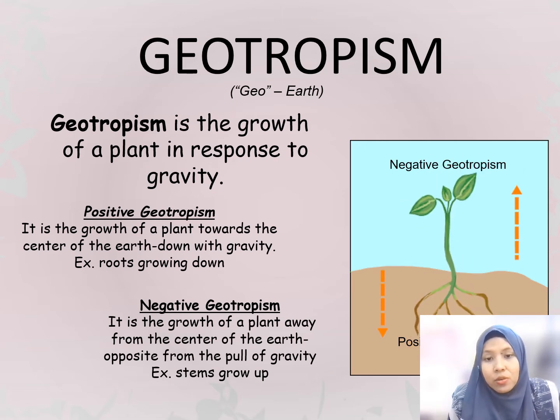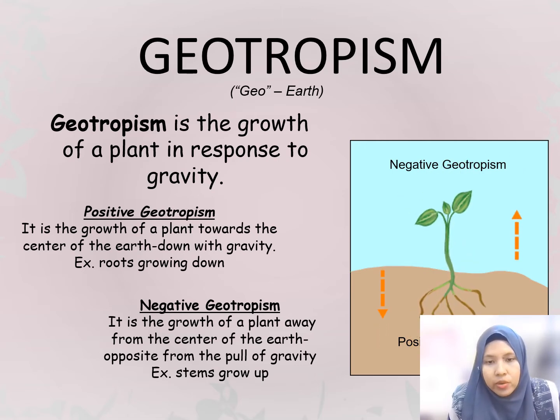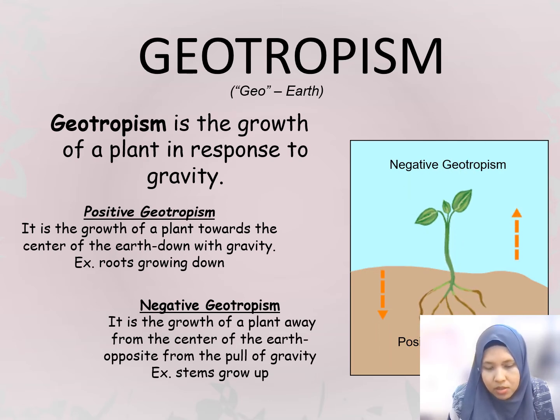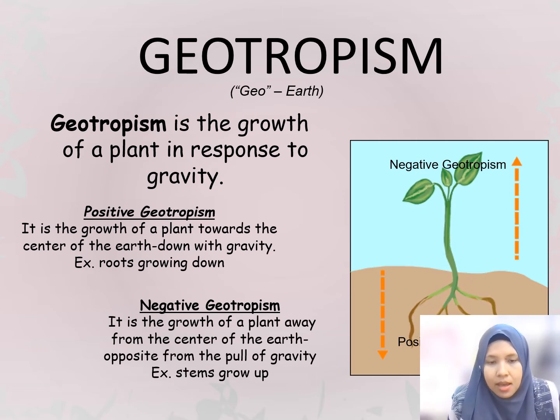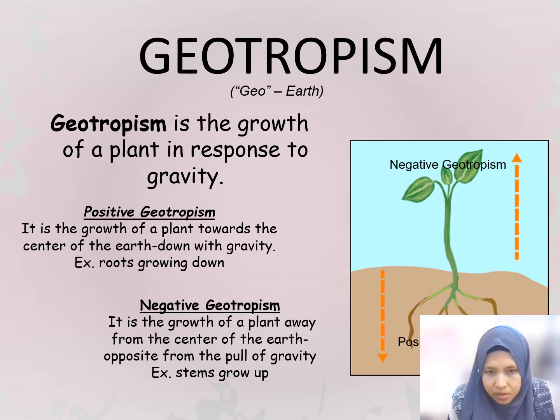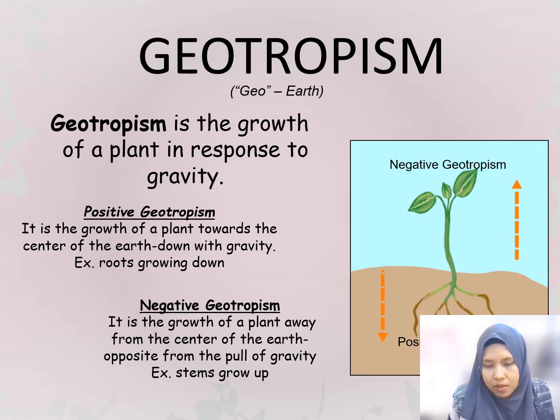So this is geotropism. Geo means earth, and geotropism is the growth of a plant in response to gravity. So we remember geo means earth, and it has something to do with gravity. In one plant they have both positive geotropism and negative geotropism.